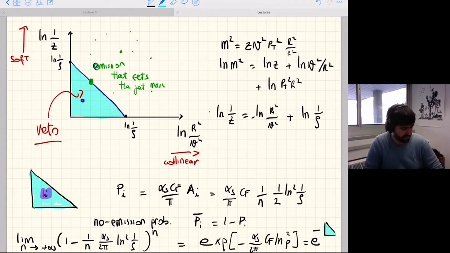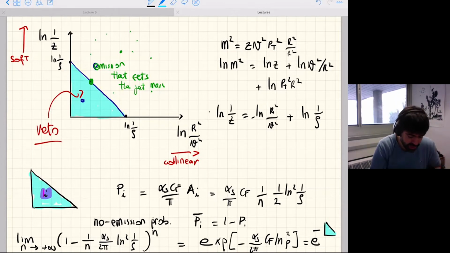This is done in a little bit more detail in a nice review by Andrew Larkoski, which is called an unorthodox introduction to QCD. But it's powerful because it allows us to essentially relate areas on this Lund plane to an actual calculation.